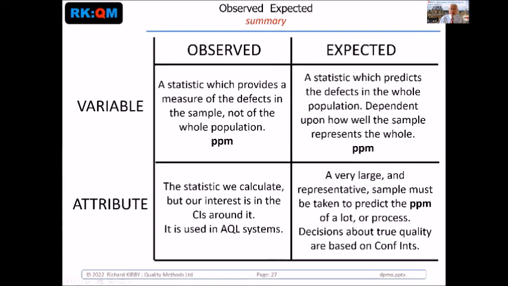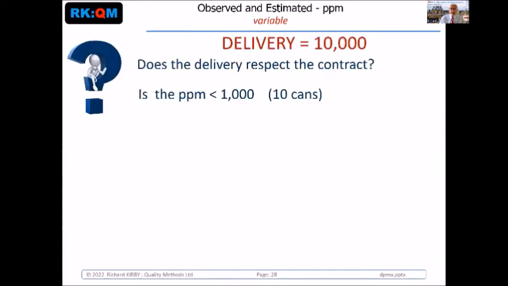So we need to use the expected statistic for ppm where we can, because our interest is in predicting the quality of the whole delivery or the process. Let's look in a bit more detail at the observed and estimated ppms for variable data.